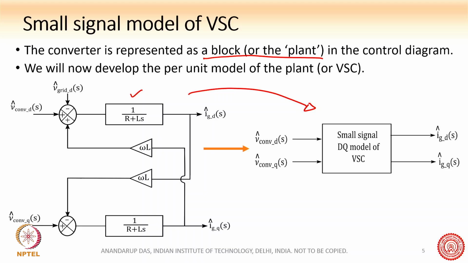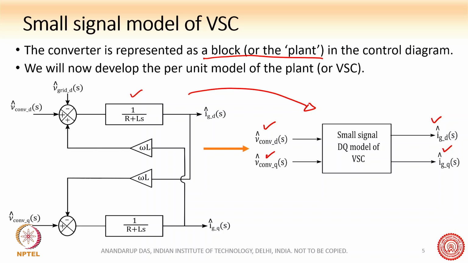It becomes the plant with this as the input and this as the output. We are actually controlling the D axis current and Q axis current going out of the VSC, which is responsible for controlling the active and reactive power independent of each other.